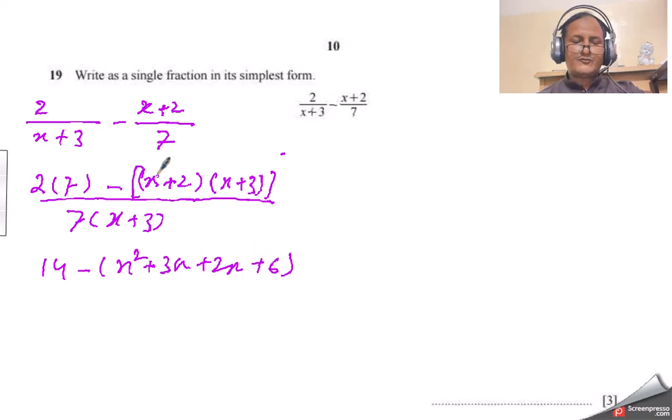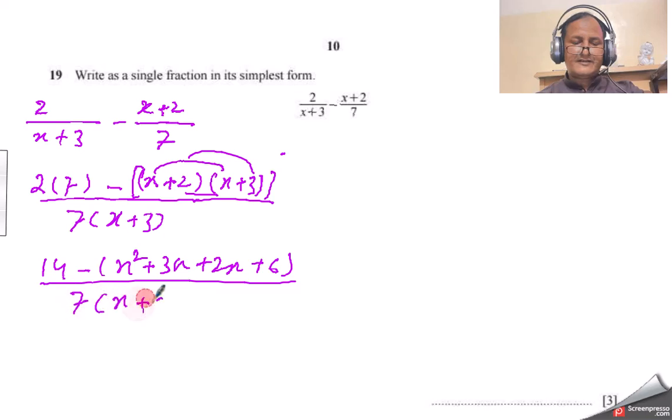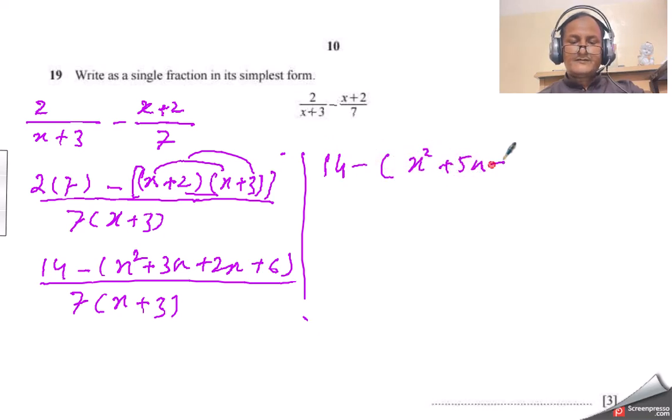Open the bracket, we're supposed to multiply: x times x, then x times 3, then 2 times x, and then 2 times 3, over 7 times (x plus 3). Okay, after that we solve inside the bracket. We have x squared plus 5x plus 6 with x plus 3.